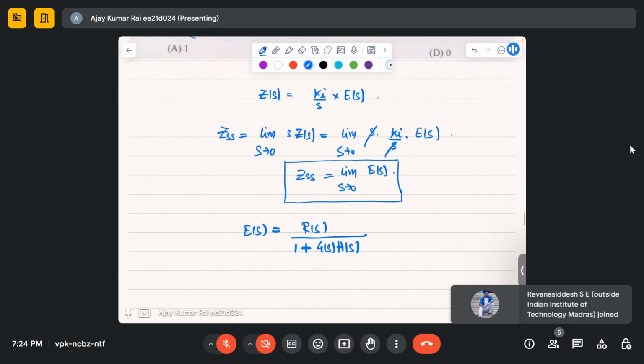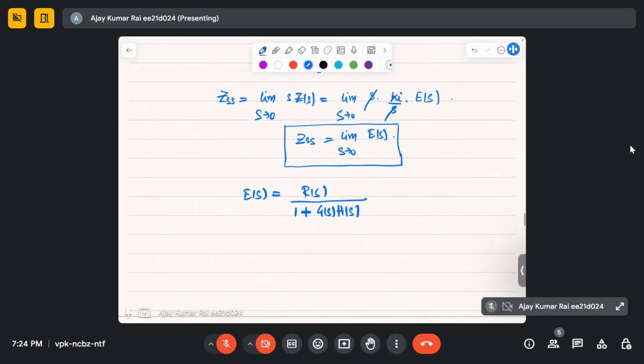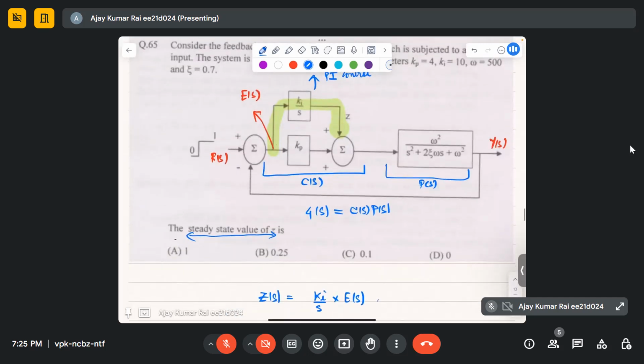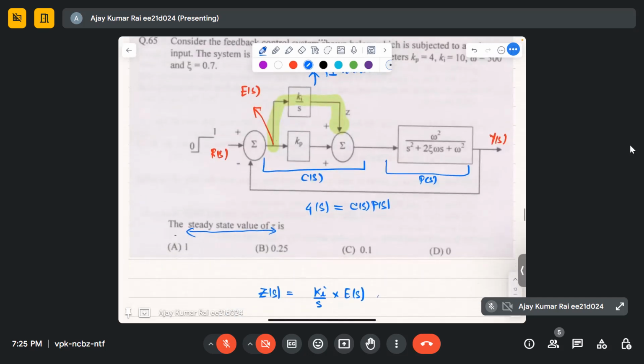Okay, so E of S is equal to RS divided by 1 plus GS into HS. Okay, so let's find out GS. GS is CS into PS. Okay, and CS is what? Controller transfer function. So what is controller transfer function here? Very simple. So CS is PI, right?